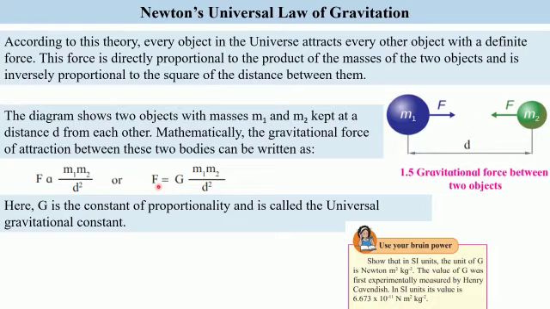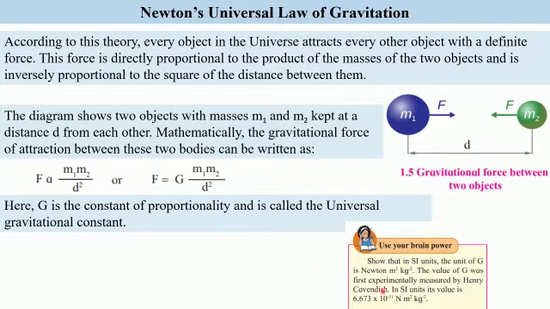So we get the formula F is equal to G m1 m2 upon d square. Here G is the constant of proportionality and it is called the universal gravitational constant.